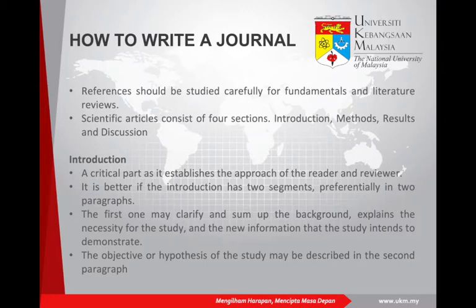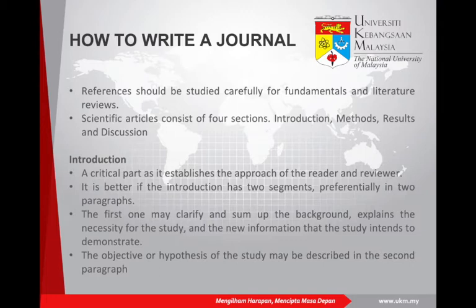So just like your thesis, your journal article consists of four sections. You should have introduction, methods, results, and discussion. First, the introduction section of your journal. It is a critical part as it establishes the approach of the reader and reviewer. It is better if the introduction has two segments, so you can have two paragraphs.